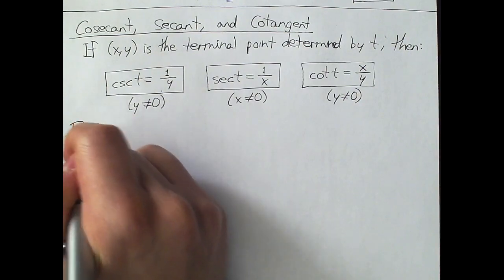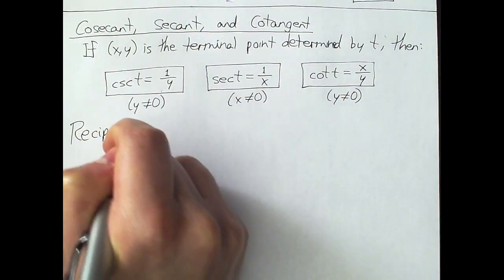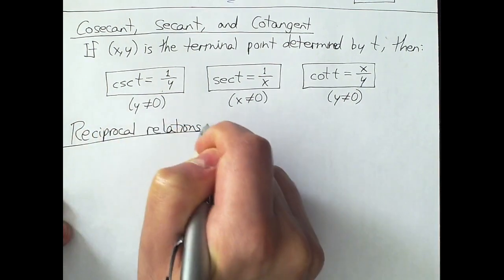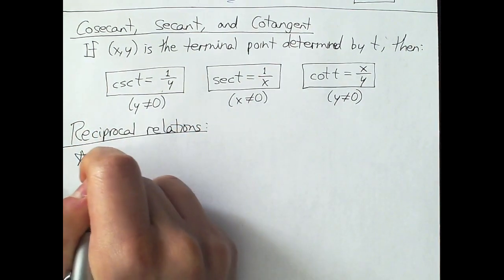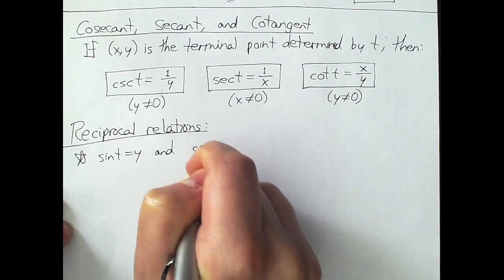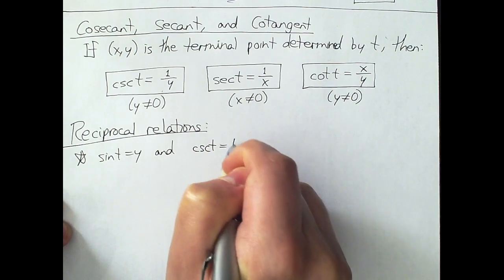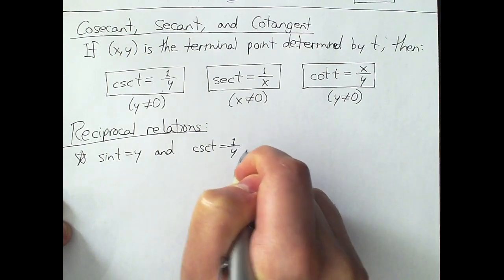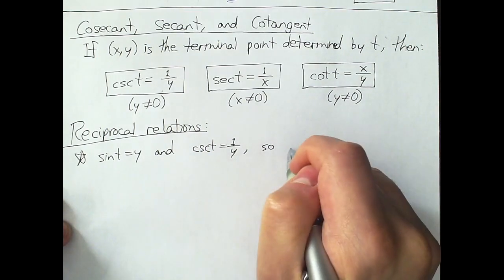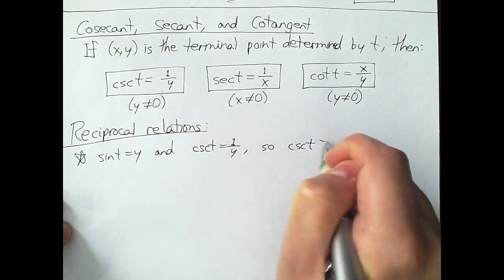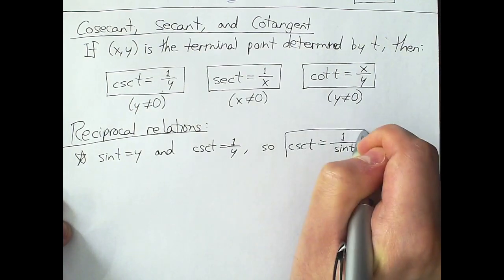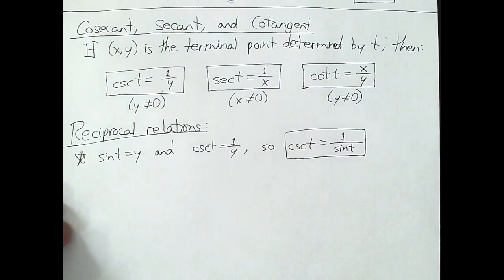So we have what we call reciprocal relations, and they are basically just some facts. So sine of t is y, and cosecant of t is 1 over y. So they are the reciprocal of each other. We could say cosecant of t is 1 over sine t. And we call that a reciprocal relation.